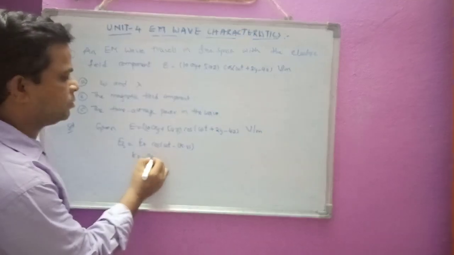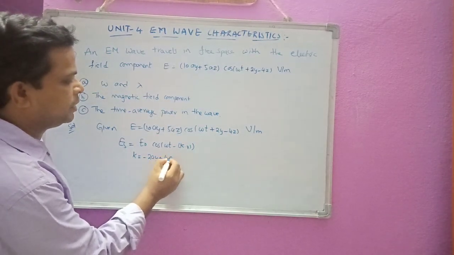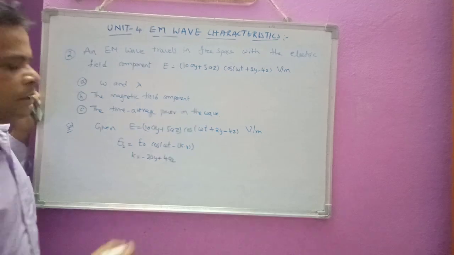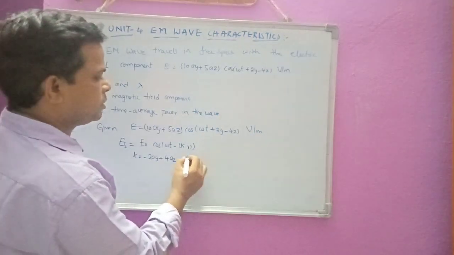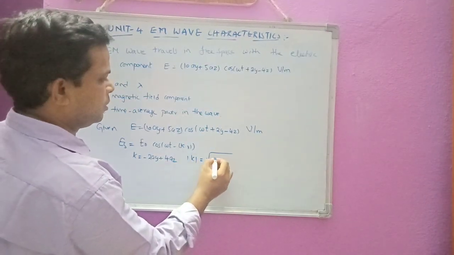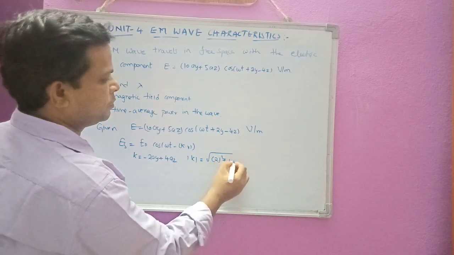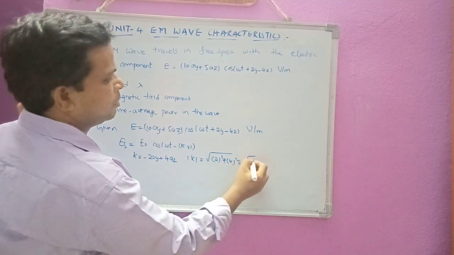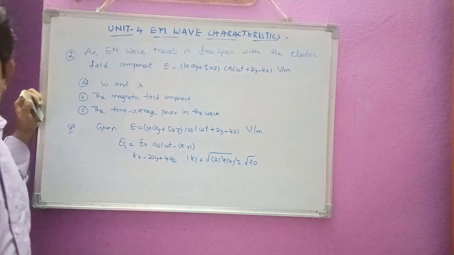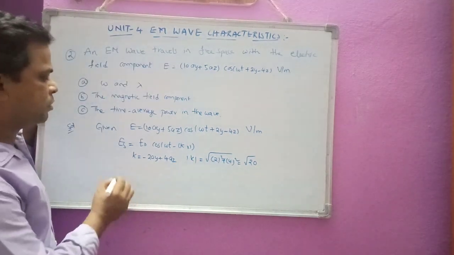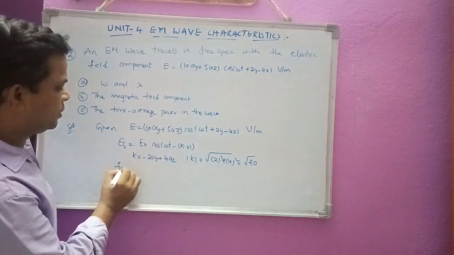If I take k as minus 2ay plus 4az, the mod k value is the square root of 2 squared plus 4 squared, which turns out to be root 20. Now we have to find the omega value for free space.